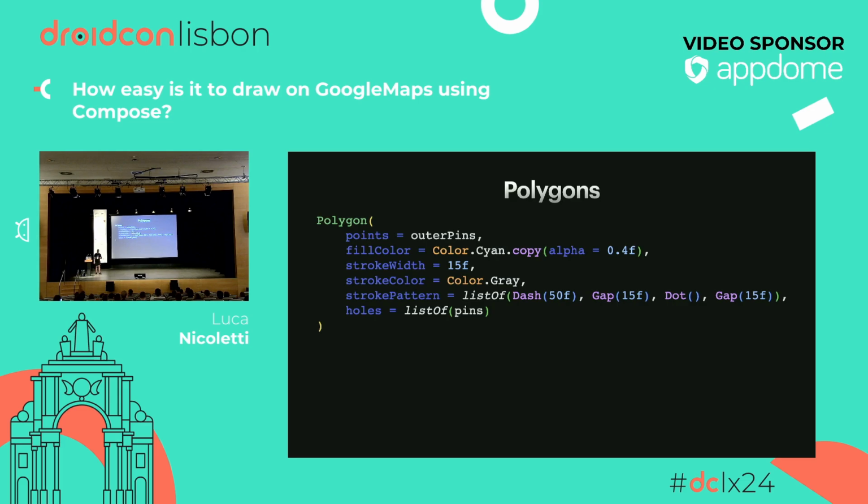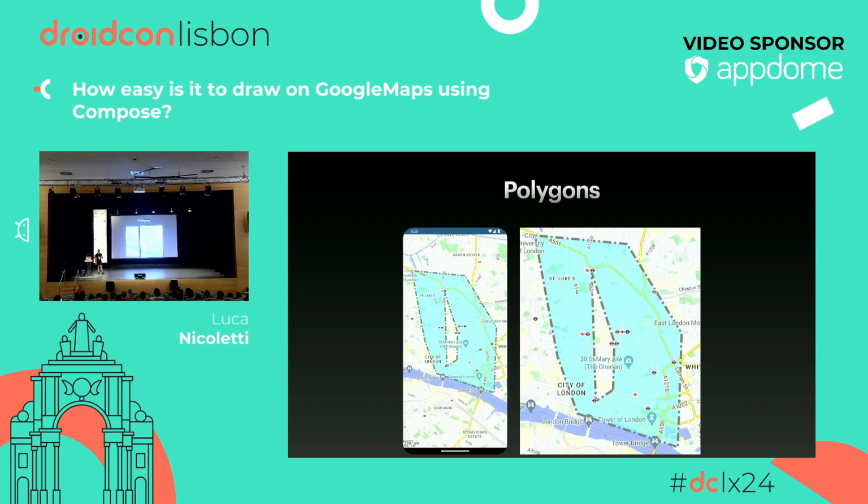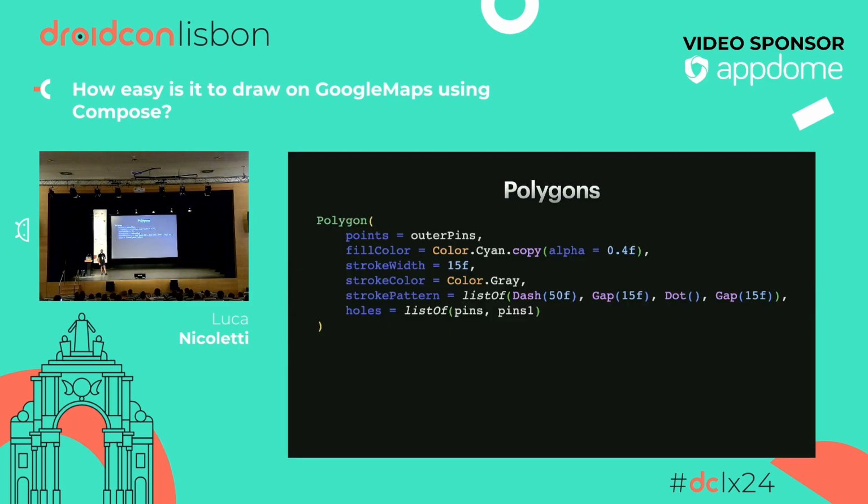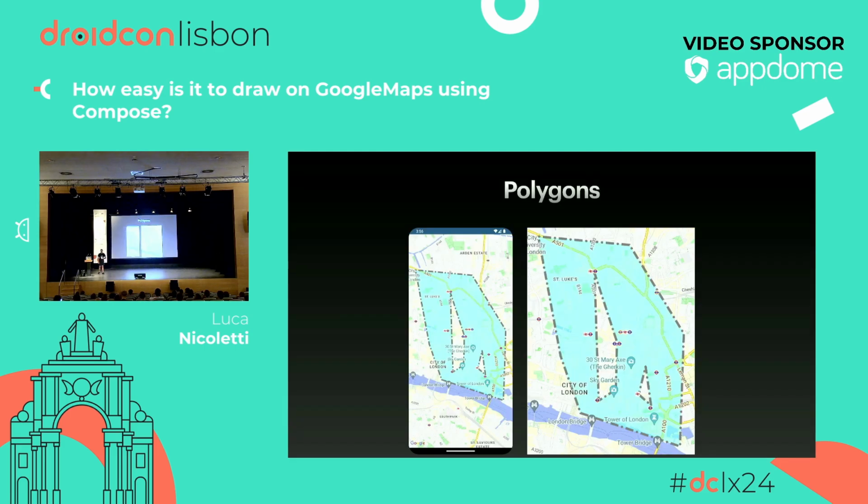Another parameter that the polygon has is holes, which is a list of latitude and longitude points. You can provide either only one list to have a hole inside of your polygon. The stroke is applied both inside and outside of the polygon. Or if you want multiple holes in your polygon, you can specify as many lists as you want, and your result will be multiple holes inside of your polygon.